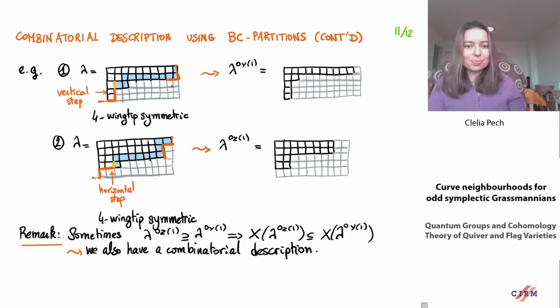In this case, it is 4 wingtip symmetric, and I have a vertical step here. In the other situation, I have a horizontal step. I look at this vertical step and I draw a barrier here in yellow.